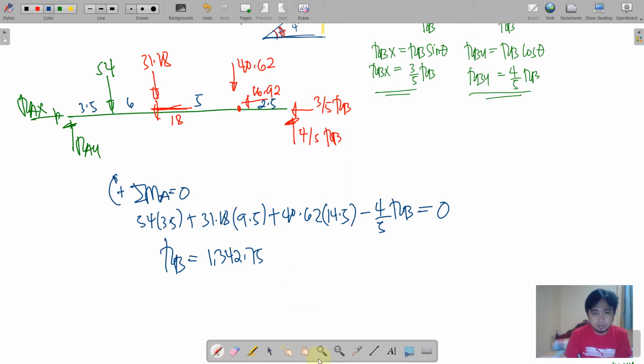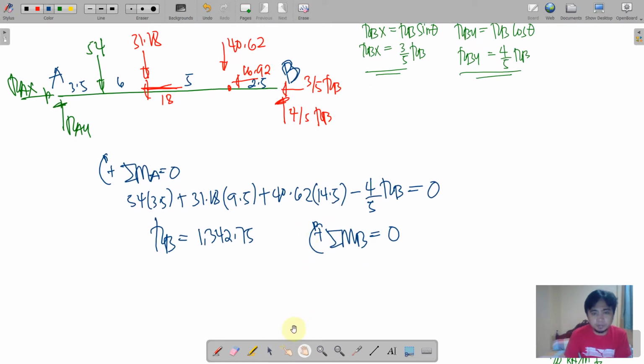and then for the other reaction, we'll just place here, this is point A, and that is point B. Okay, so for the other reaction, we take moments at B equal to 0.